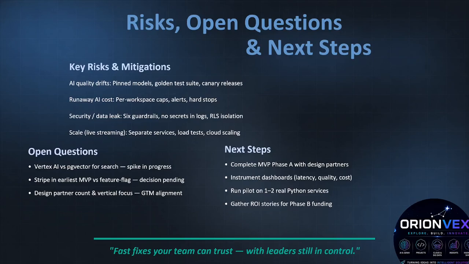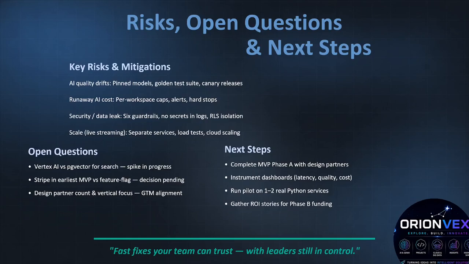So we have to use pinned models, implement a golden test suite, and consider canary releases. Runaway AI cost: per-workspace caps, alerts, and a hard stop. Security or data leak: we are implementing 6 layers of guardrails, no secrets in logs, and RLS isolation. At scale, we are implementing live streaming as separate services, load tests, and cloud scaling.